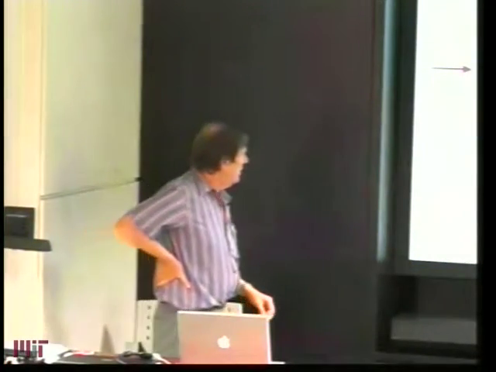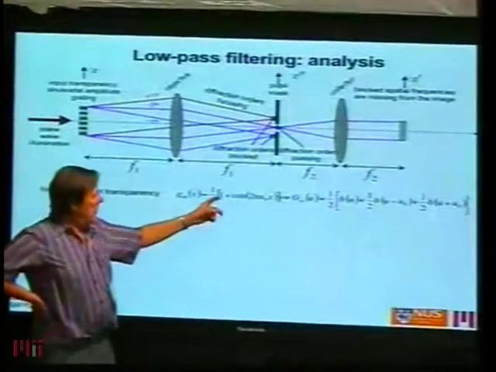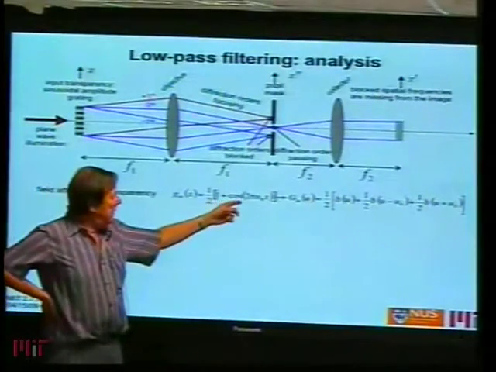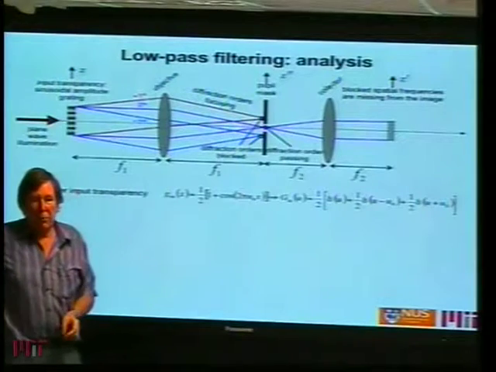Okay, so this is going through the maths of this. Our original transparency then is a 1 plus cosine. And the 1 plus cosine, we Fourier transform that to find what we call the object spectrum.